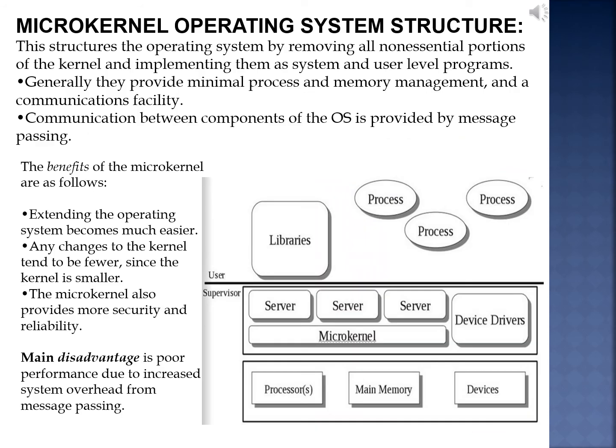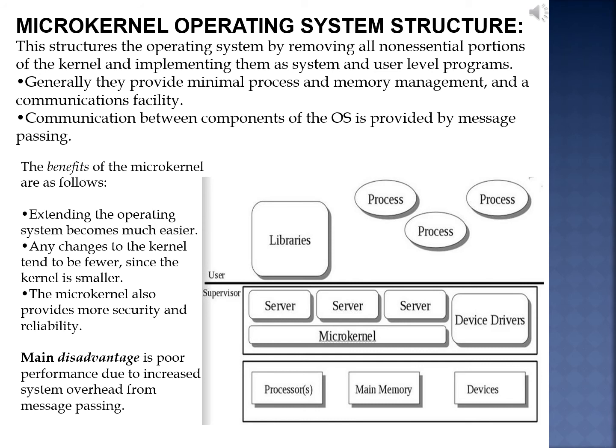The last one is the microkernel operating system structure. This structures the operating system by removing all non-essential portions of the kernel and implementing them as system and user-level programs. Generally, they provide minimal process and memory management and a communications facility.